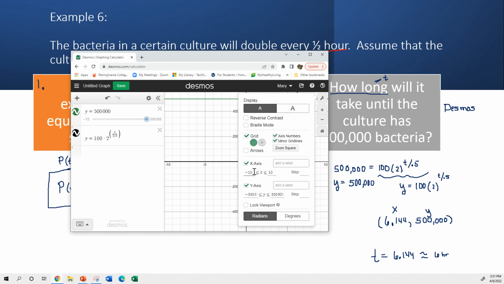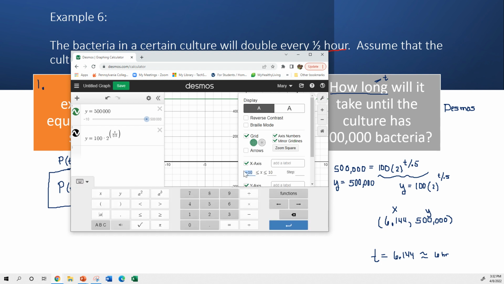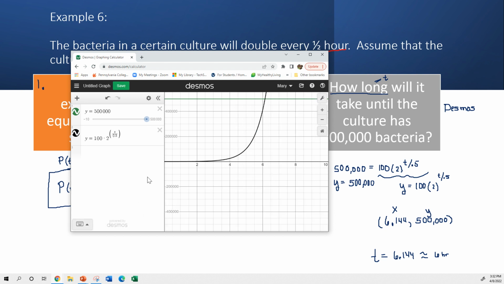And we could have set this, knowing that we had a positive number for our answer, to have started at 0 and go 0 to 10. And if we look at that graph, it's even a nicer picture of this curve here, this beautiful exponential curve of bacteria growth. And then we can find this answer, and I can even see that it's just a tick beyond 6 hours, and I'm able to see that detail that I wanted.